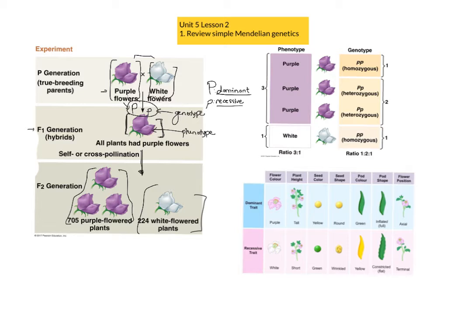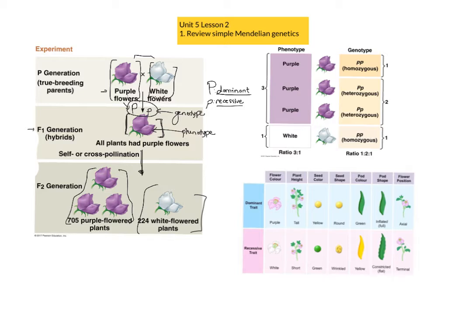Which means that the only way you would see the recessive heritable factor show up as a phenotype is if no dominant factor was present. And that helped explain what happened in the next generation.